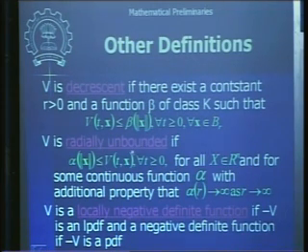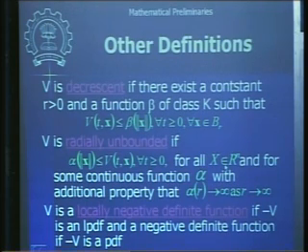Now function v will be radially unbounded if again our condition with the alpha function is satisfied. Okay, v is greater than or equal to this alpha of class k, and this condition is valid for the whole domain that we are talking about.